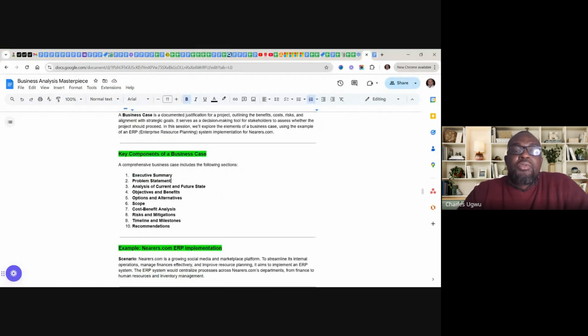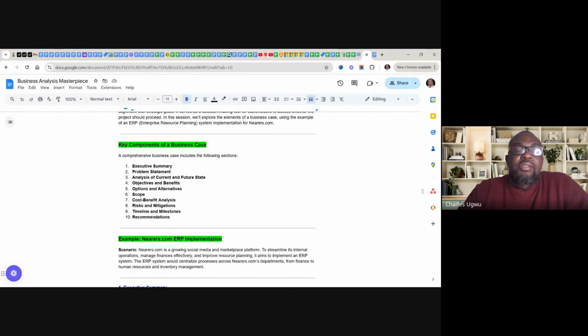So for you to write a business case, you must have an executive summary that summarizes the whole business case. But you must have understood the problem by writing a problem statement. You must have done requirement gathering and requirement analysis to understand the current state and the future state.